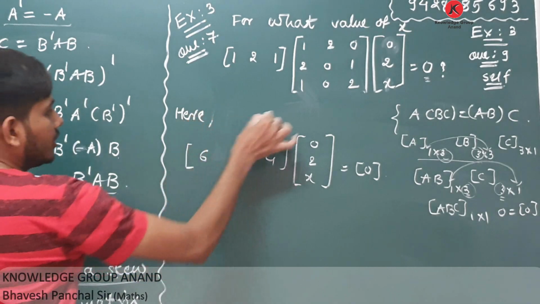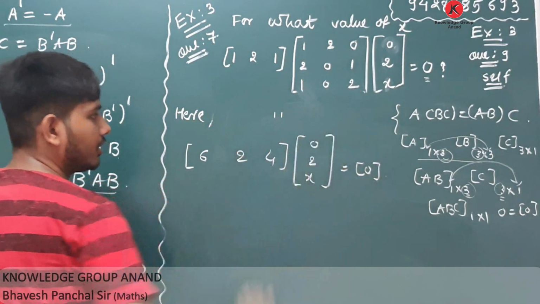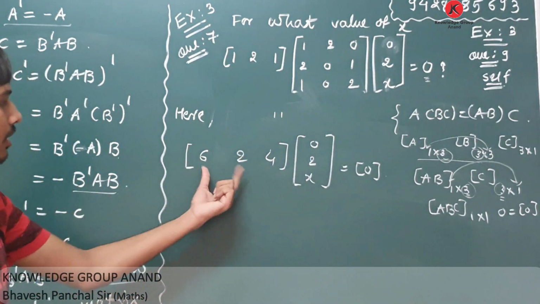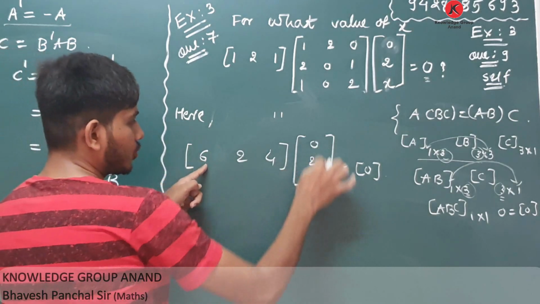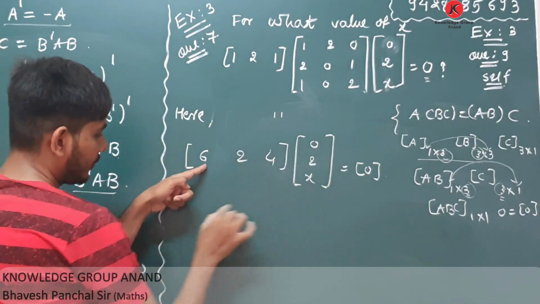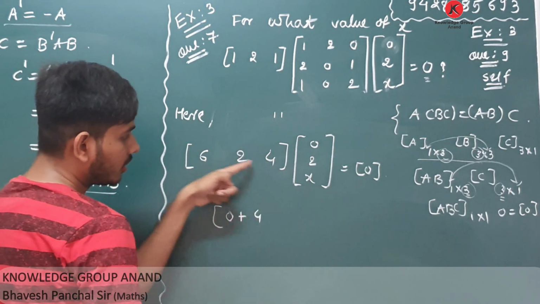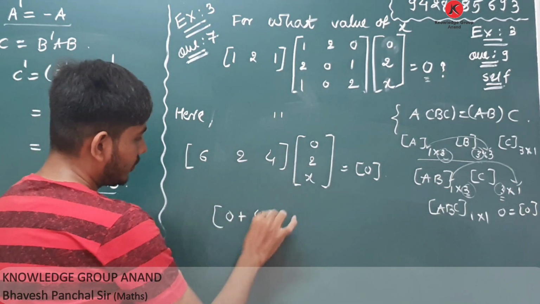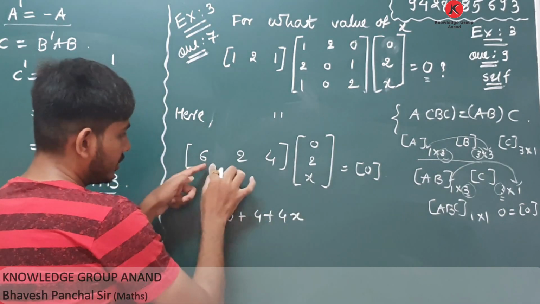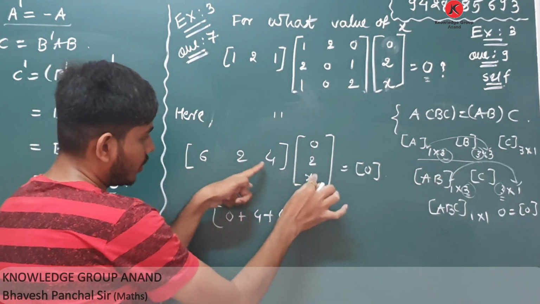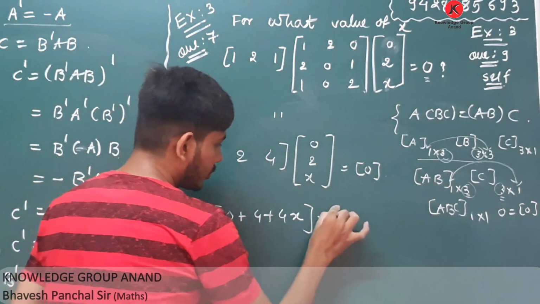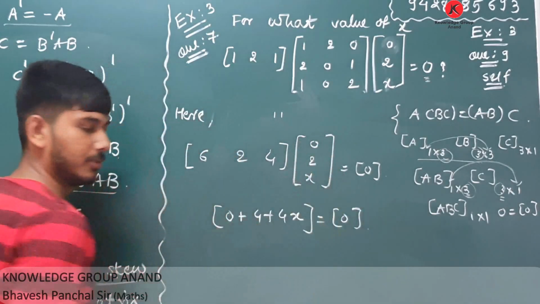You have to write the similar question here. Okay, now multiply this one with this. We obtain 0 plus 2 2s are 4 plus 4x, that is 0 plus 4 plus 4x, and we are getting 0 here.